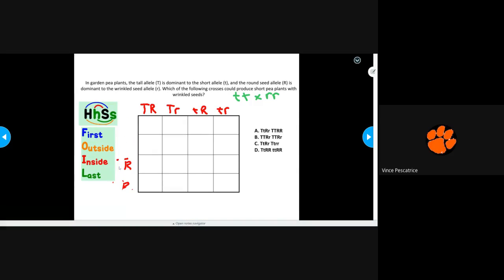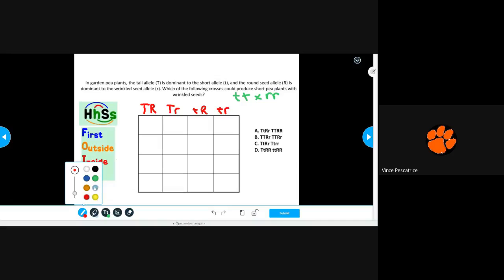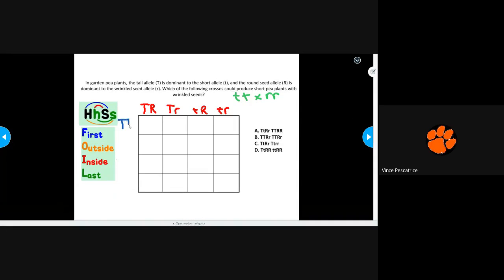I'm just doing this so that the colors are different, so it might make it a little bit easier to understand. So I'm going to change this color to blue. And remember, they're all the same. TR. TR.